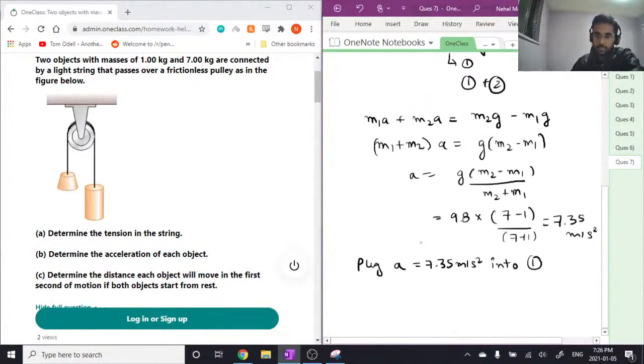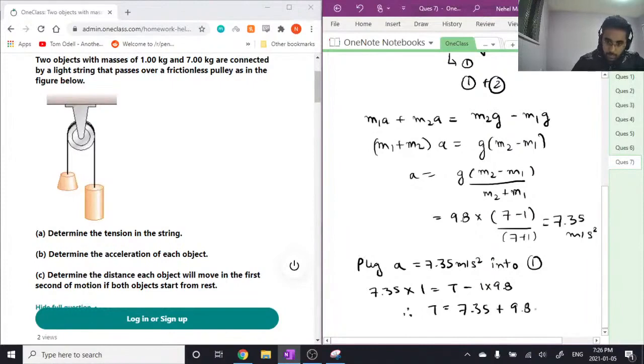M1 is equal to 1, so 7.35 times 1 equals T minus mg, where m was again 1 times 9.8. Therefore the tension equals 7.35 plus 9.8, which equals 17.17 newtons.